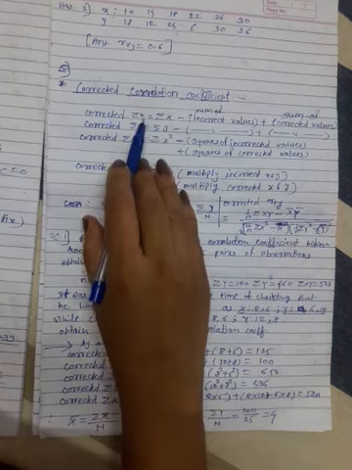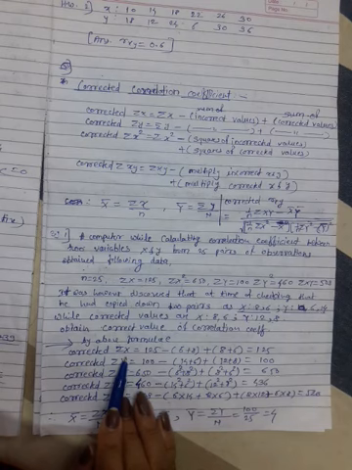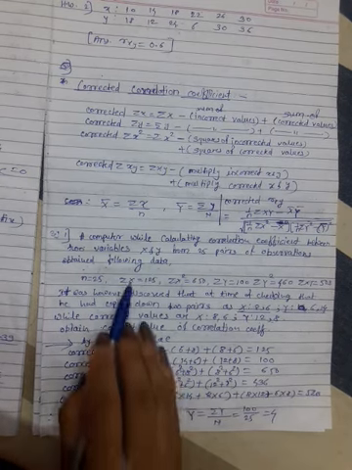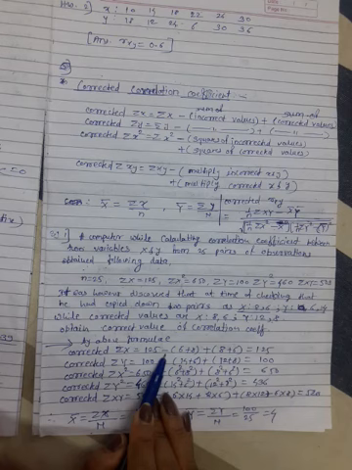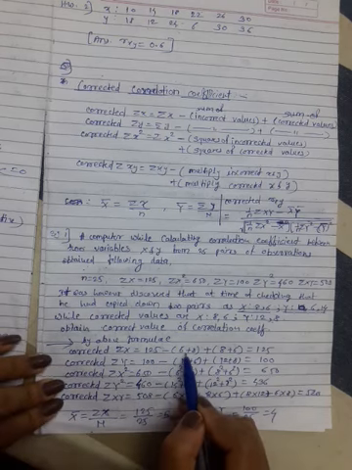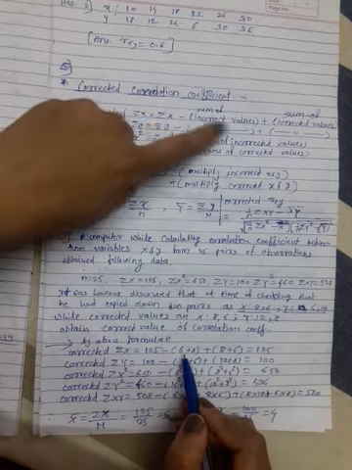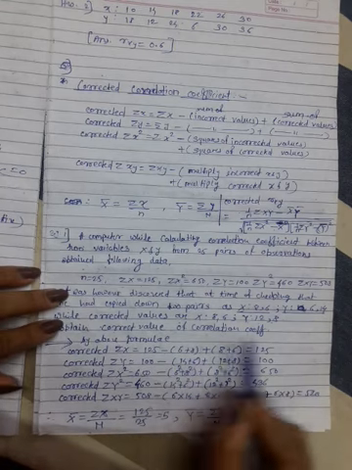By the above formula, corrected summation x is the incorrect summation x, that is 125, minus, what is the formula? Sum of incorrect values, subtraction of incorrect values.